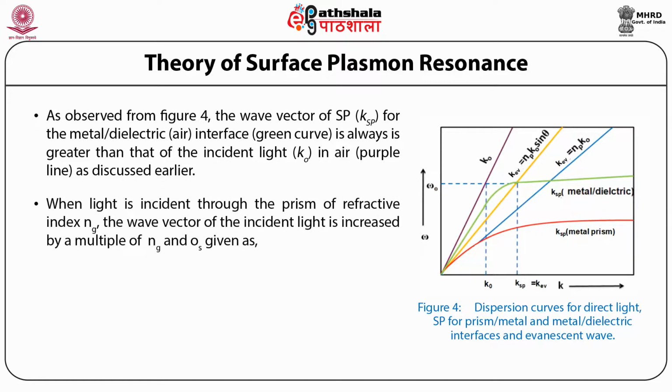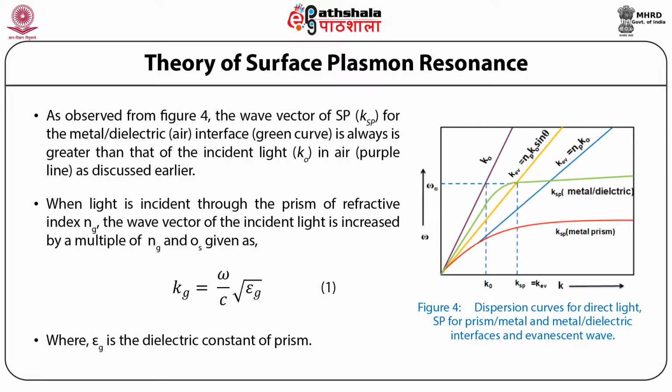When light is incident through the prism of refractive index Ng, the wave vector of the incident light is increased by a multiple of Ng and is given as Kg equal to omega by c root of epsilon g, where epsilon g is the dielectric constant of the prism.